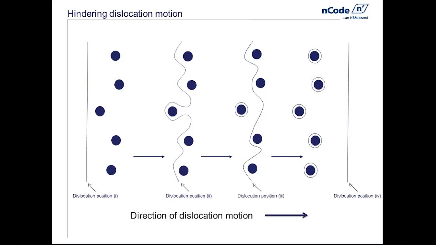Because of the particular size and relative hardness of those particles, it cannot do that. In order to move forward, we've got to get the line to sort of converge around the particle that I show in position 2. Position 3, it is looped right around it, increased the dislocation length, put work into the whole system, and therefore made the whole thing harder and stronger. And on the extreme right, you can see when I've done it to all of them. This is a process known as Orowan looping.